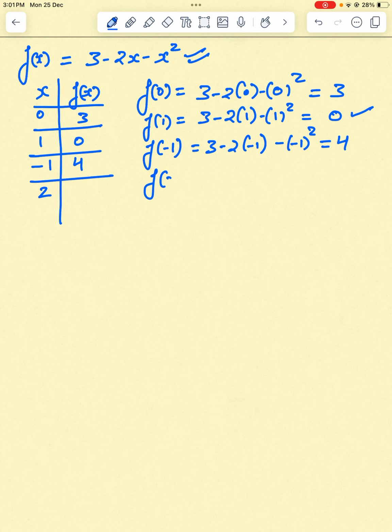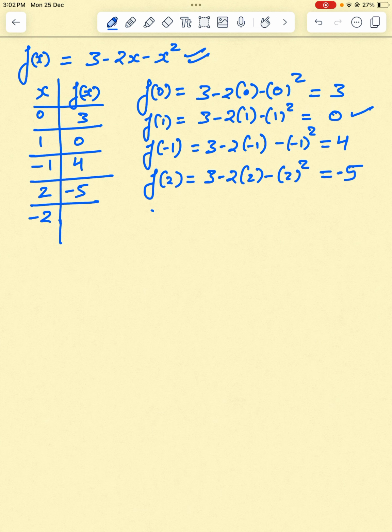Again do the same operation. 3 minus 2 times 2 minus 2 square, it should be 3 minus 4 minus 4, I think it's minus 5. So calculate it in your notebook and check the result if you are getting the same or not, right?